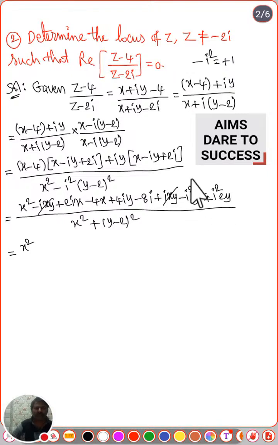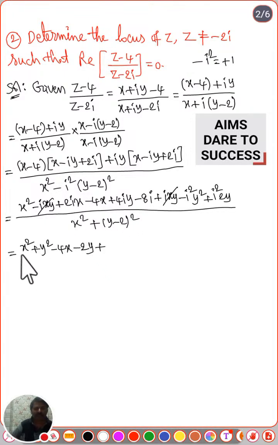Here minus i square value is plus 1, so plus y square, next minus 4x, next y related: here i square value is minus 1, so minus 1 into 2y is minus 2y. And next, is there any constant value? No. Okay, continue with the i related values.